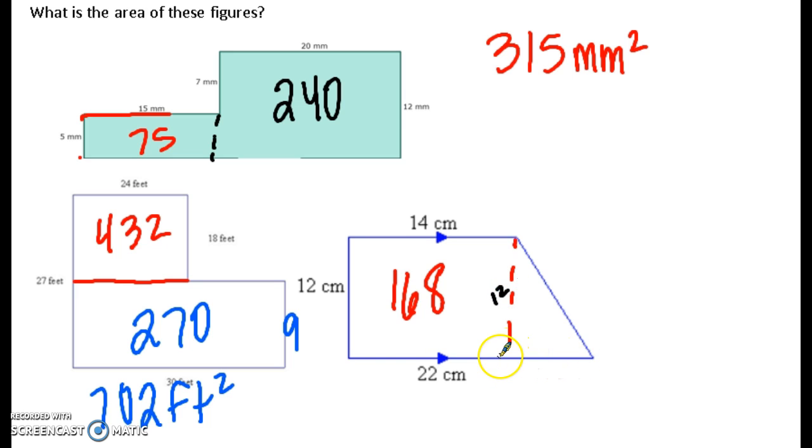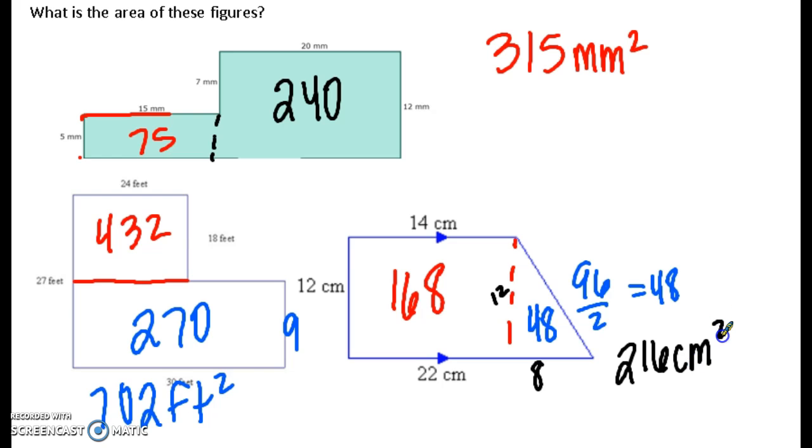The base is, this whole thing is 22, but I'm not using the part that I used for the rectangle, so 22 minus 14 is 8. 12 times 8 is 96. 96 divided by 2, because it's a triangle, is 48. So now I add 168 and 48, and I will get 216 centimeters squared.